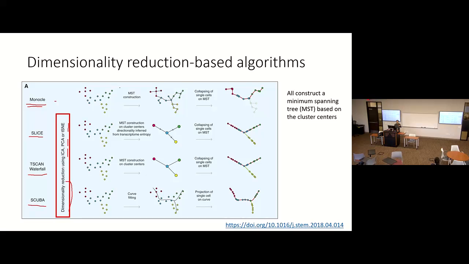They project the cells and then start the minimum spanning tree construction. So after dimensionality reduction, you link the cells and make a network, okay? You connect the cells and found a representation of a network. And then from the network, you found the pathway, the tree from this path, okay?